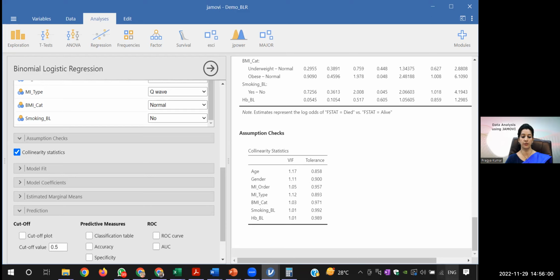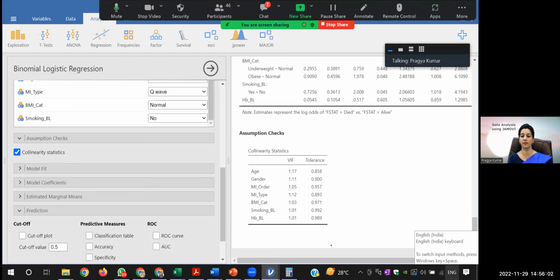Now focus only on VIF. The full form of VIF is variance inflation factor. If the value is less than 10, that means variables are not collinearly related to each other. So this was met. That's why we say that this assumption is met.